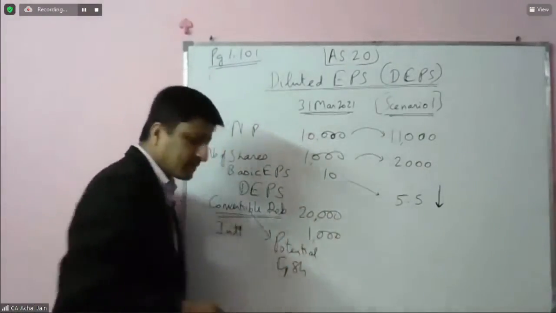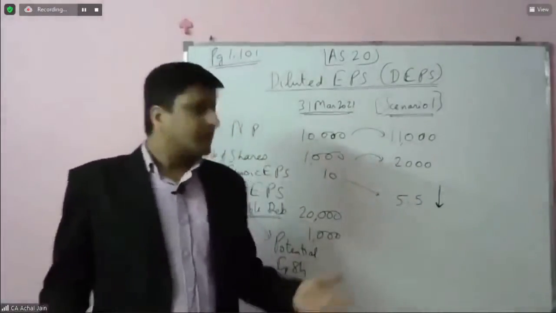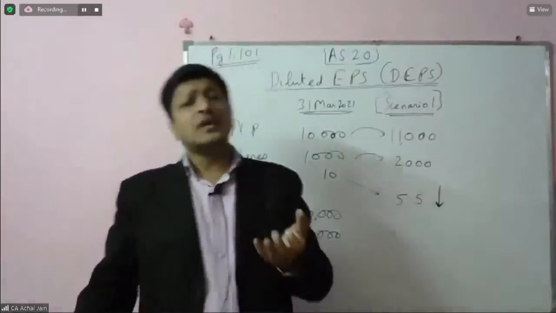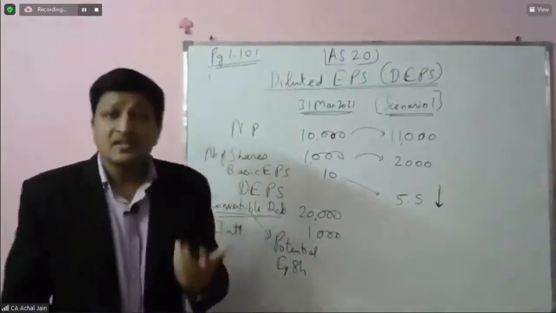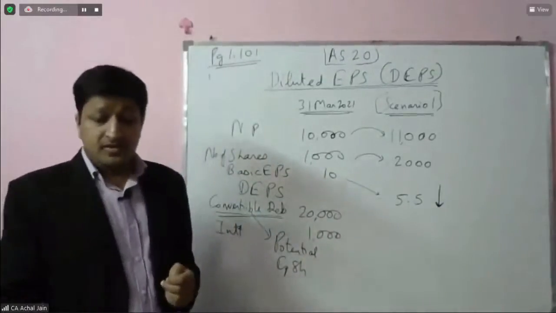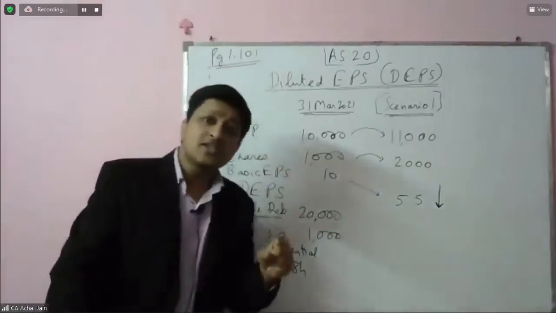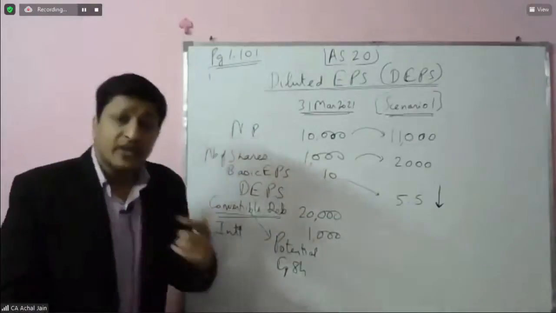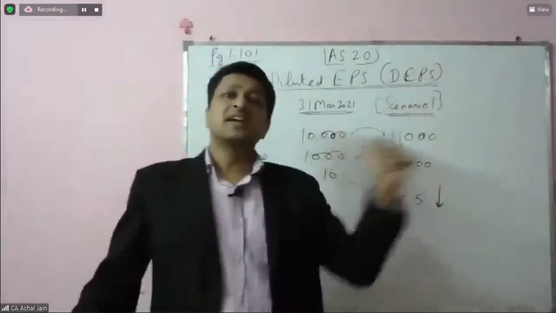So can you see that by chance, what did we compute? Diluted EPS. We were not trying to compute it. We were just trying to understand the concept behind this. Why is this required to be computed? We were just trying to understand that today, every shareholder is enjoying an EPS of 10. But after the conversion, how will his EPS get impacted?